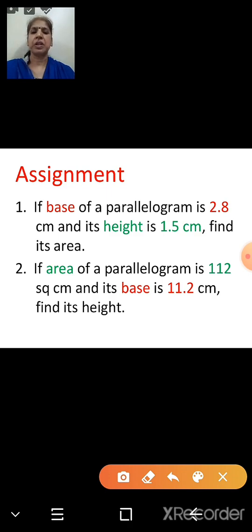Substitute the values: 112 is equal to 11.2 into height. Therefore height is equal to 112 divided by 11.2. If you observe properly, you have to remove the decimal and solve accordingly. You have to solve this as an assignment by removing the decimal.